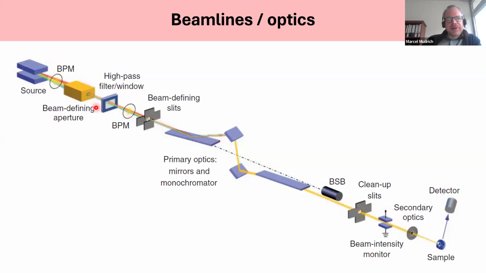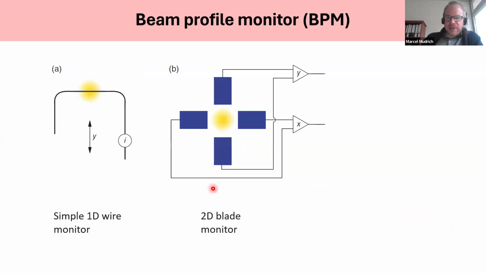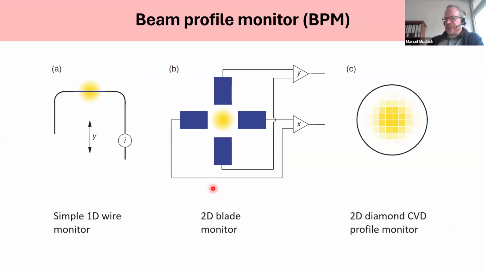And then only after this, so behind the front end, after these apertures and filters, the intensity is reduced enough, and the beam is collimated well enough, such that the radiation load on people being here on the beamline is acceptably low, not to cause any radiation damage or any safety issues.